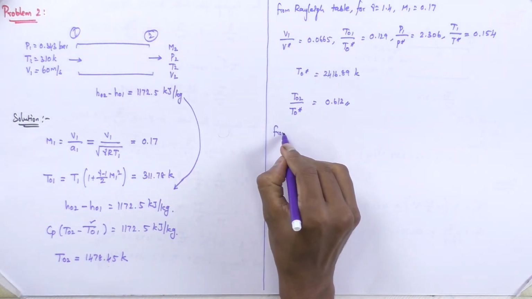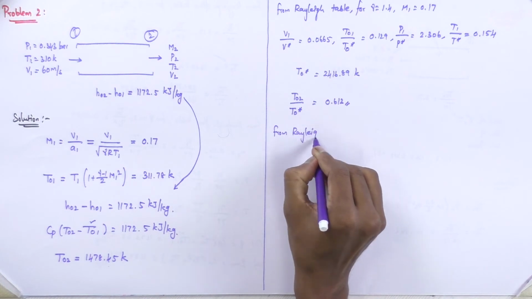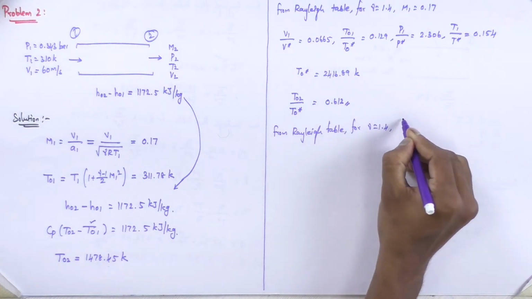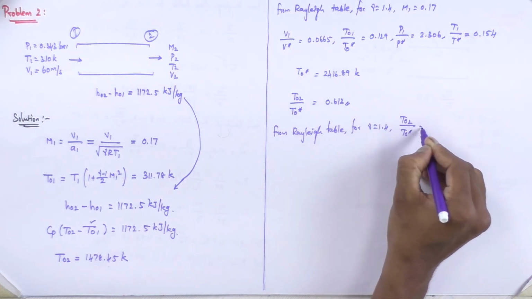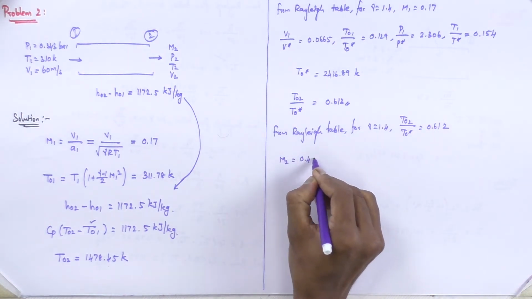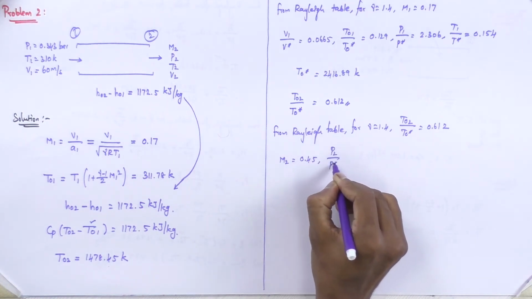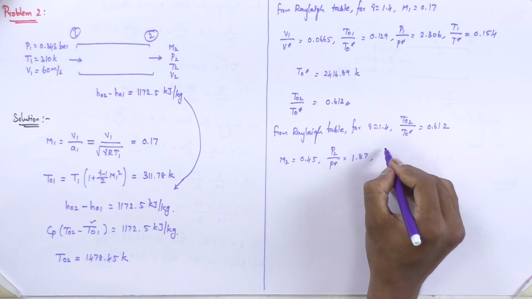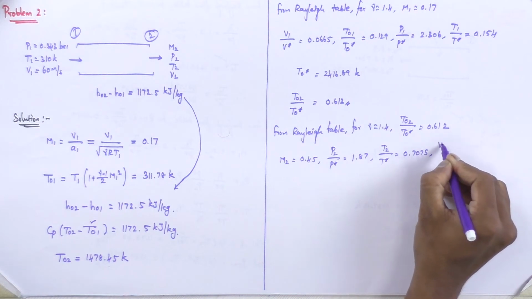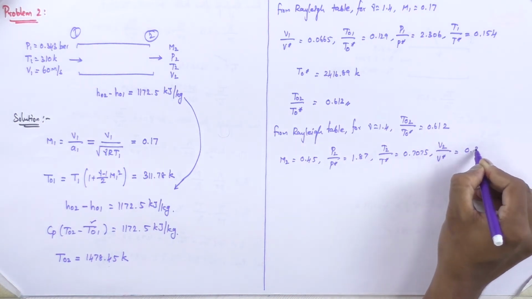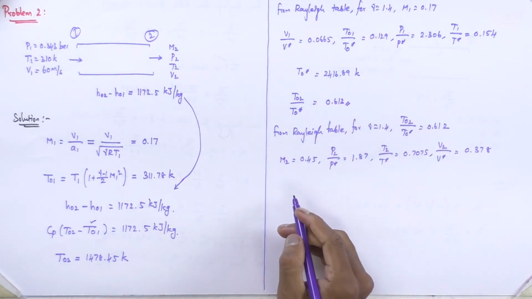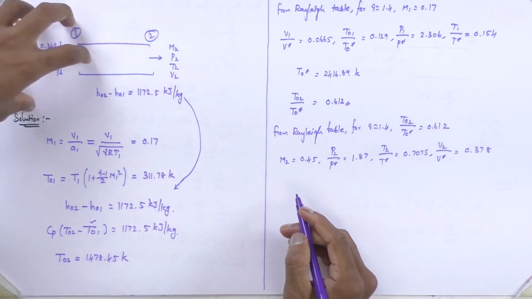So from Rayleigh flow table, for gamma is equal to 1.4 and T02 divided by T0 star is equal to 0.612, we will get exit Mach number as 0.45, then P2 by P star as 1.87, then T2 by T star is equal to 0.7075, and V2 by V star is equal to 0.378. So using these ratios we can calculate exit properties using inlet properties.